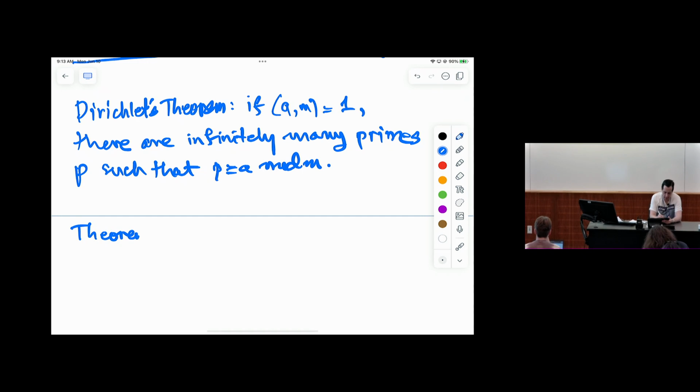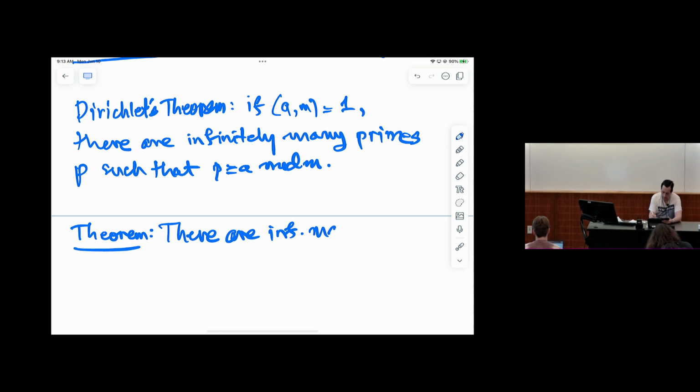So here's a theorem. I'll put them as two statements together when the modulus is 4. First, there are infinitely many primes that are 1 mod 4 and infinitely many primes that are 3 mod 4.